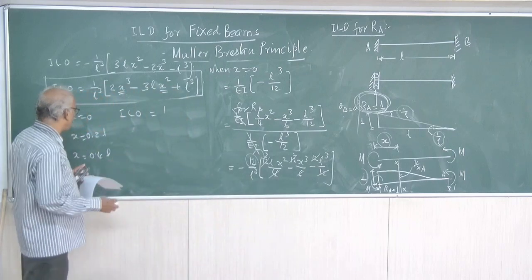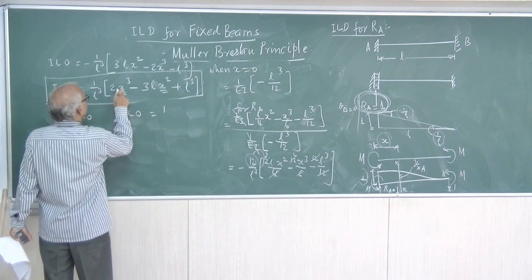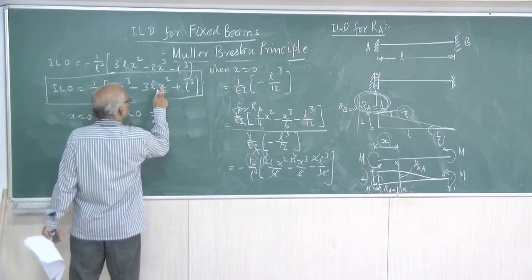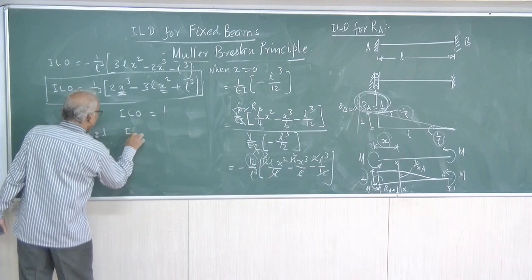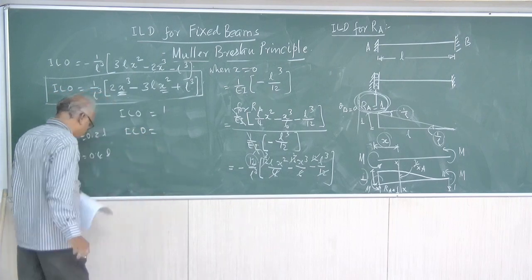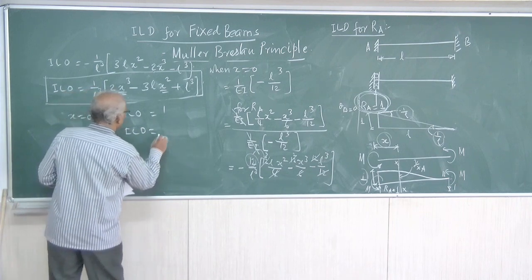Therefore, that is 1. When you substitute x equal to 0.2L here, 0.2L whole cube, 0.2L whole square, etc., substitute and simplify this, ILO equal to 0.896 for 0.2L.